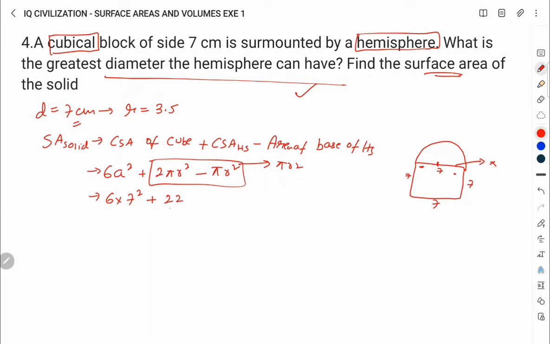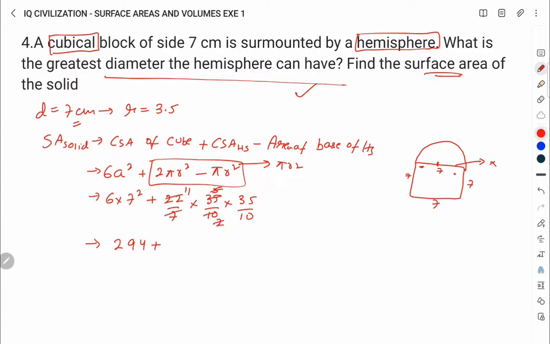So pi 22 by 7 into r square, 3.5, right? So I'll write 35 by 10 into 35 by 10. So this is 7 5s, so this is nothing but 7 square, 49. 49 into 6, this is 294 plus here this is 5, this is again with 2, this is with 11.